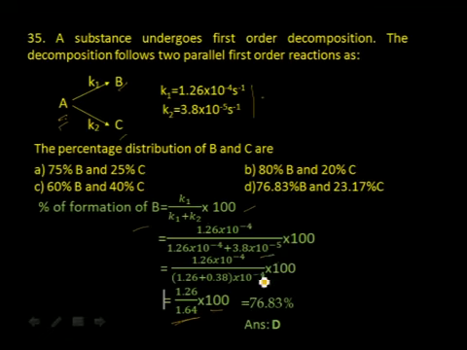If it is changed to 10 power minus 4, then this 3.8 becomes 0.38. Obviously 1.26 by 1.64 into 100, you get it as 76.83% of B. The remaining 23.1% will be that of C, and therefore the correct answer becomes option D.